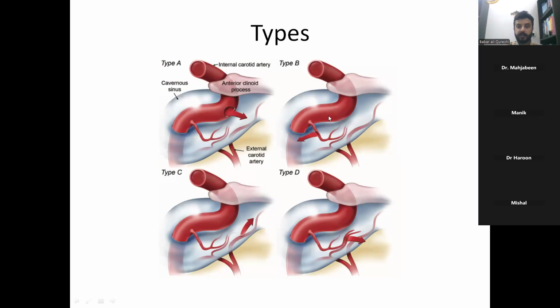In type B, again, there is leakage from the internal carotid, but not directly from the carotid, but from any smaller branch of the carotid. Whereas in type C, from any branch of the external carotid artery there is the leakage. Whereas in type D, the fistula is from branches of both the internal and external carotid artery. But all these type B, C, and D are low flow.